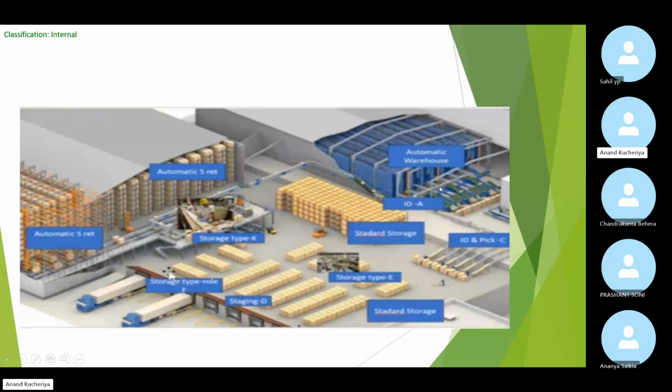Then we have the automated warehouse. There we have to define the identification points. So in this case, when we create the ID points, we will have storage types with the identification point of type A. We need to create this kind of storage type here in the automated warehouse.